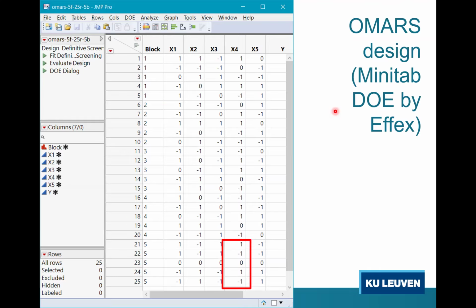What we also did was we tried to make sure that there was as little correlation as possible between the cross products of the X's and the blocks, and also as little correlation as possible between the squares of the X's and the blocks, so that we learn basically as much as possible about the interaction effects and the quadratic effects as well.